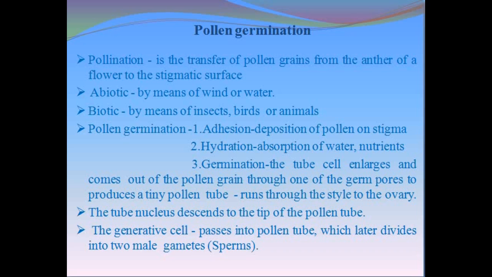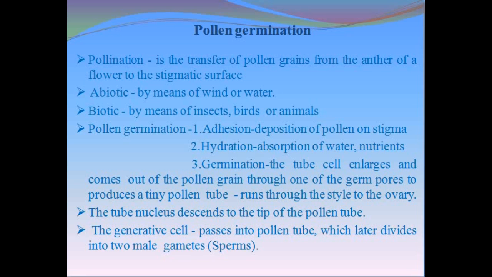Pollination by wind is otherwise known as anemophily, whereas pollination by water is known as hydrophily. The biotic means of pollination include insects, birds and animals. In angiospermic plants, most of the pollination is biotic, that too by insects, which is called entomophily.